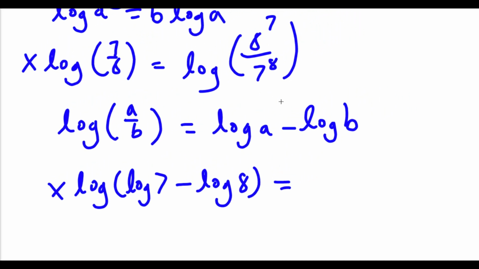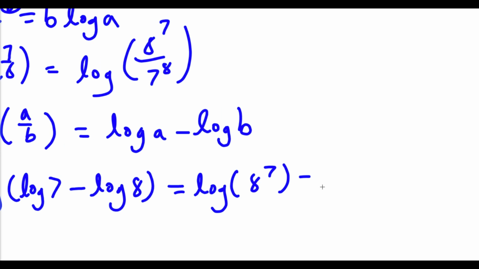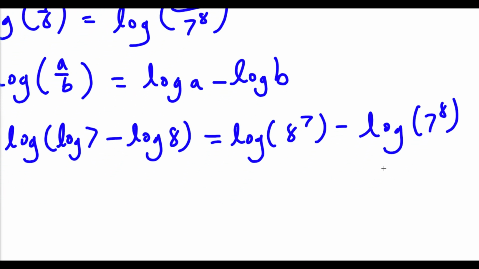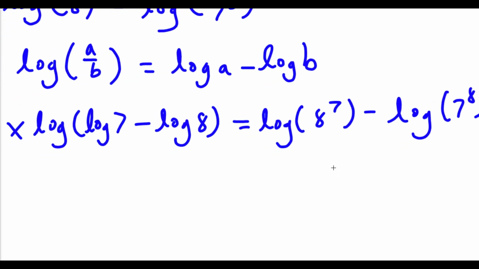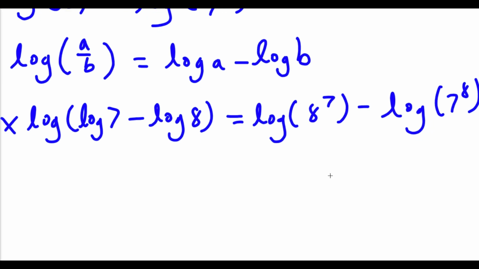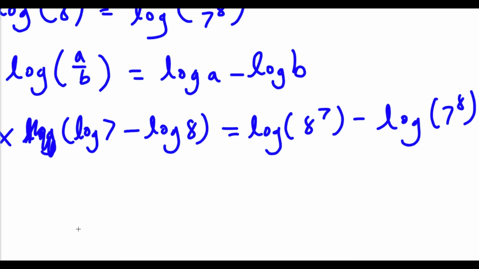And log of 8 to the power of 7 over 7 to the power of 8 is going to equal log of 8 to the power of 7 minus log of 7 to the power of 8. Oops, sorry, I didn't mean to put this log. That's not supposed to be there.